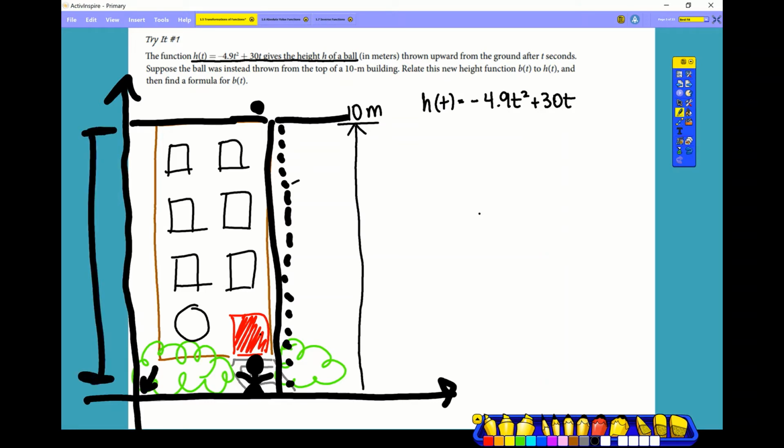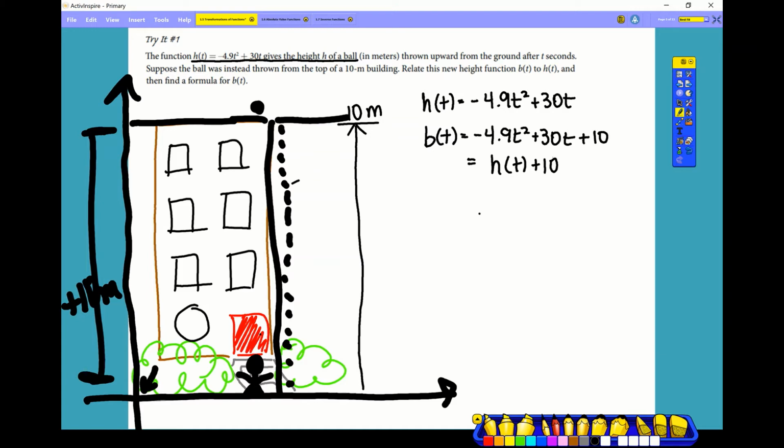Notice that we have this change in y of 10 meters. So when I go back here to h of t equals negative 4.9t squared plus 30t, I can say my new h of t is that same height function, but I'm going to add that 10 meters. So that's h of t plus 10.